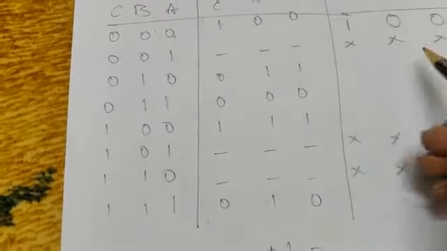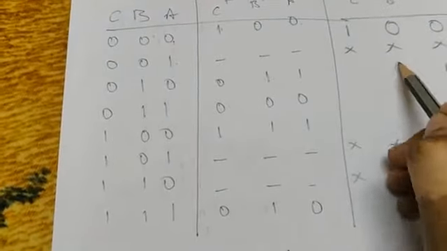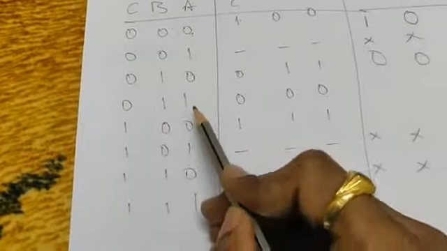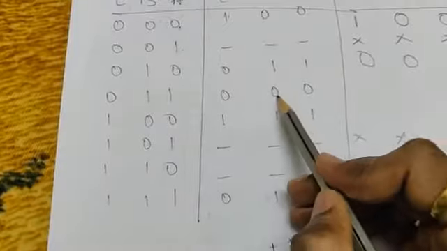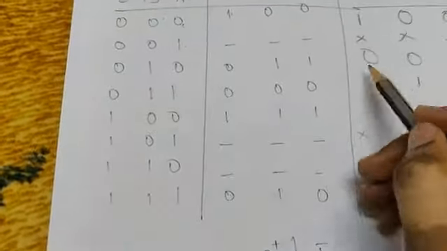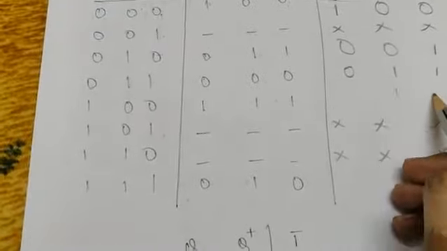Okay, so now here 0 1 differs, so write it as 1. 1 1 same, write it 0. 0 0 same, write it 0. So here 1 0 differs, write 1. 1 0 differs, write 1. 0 0 same, write it 0. 0 1 differs, so write it as 1.